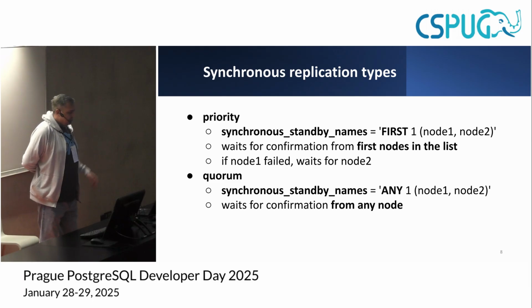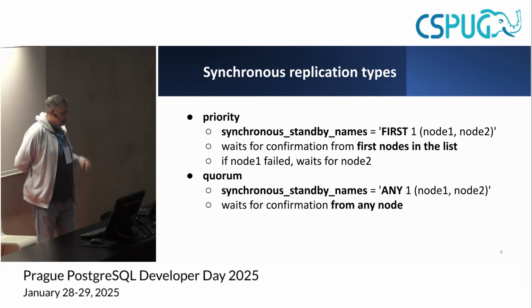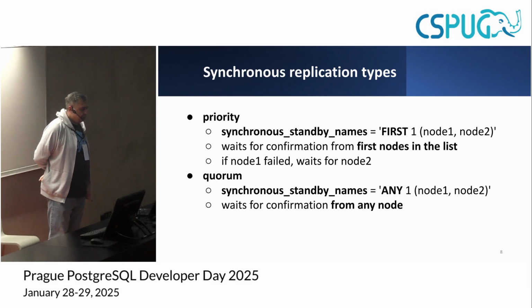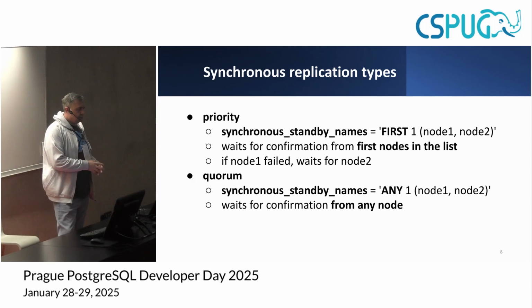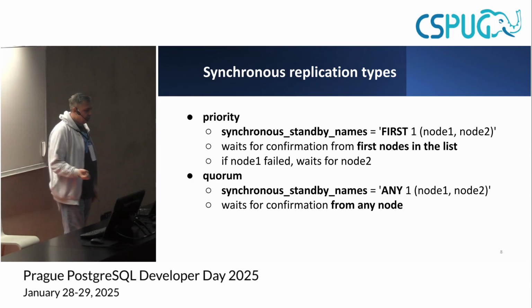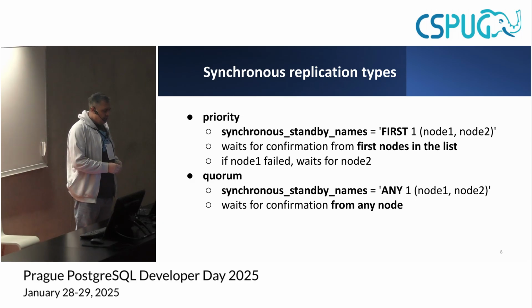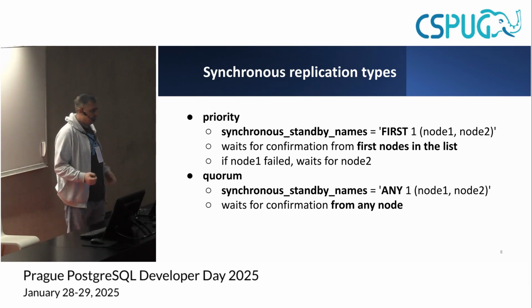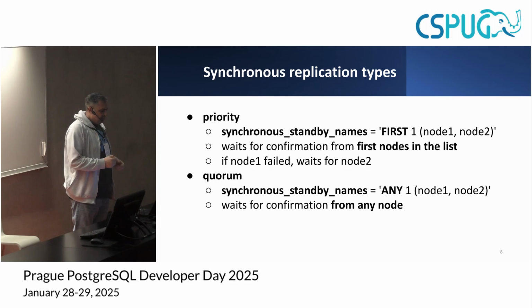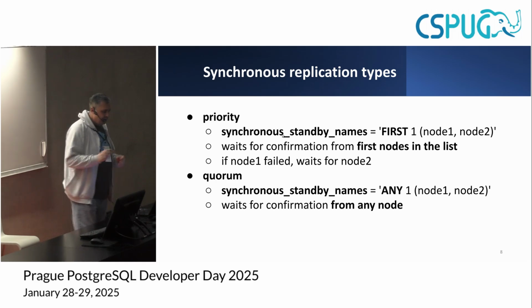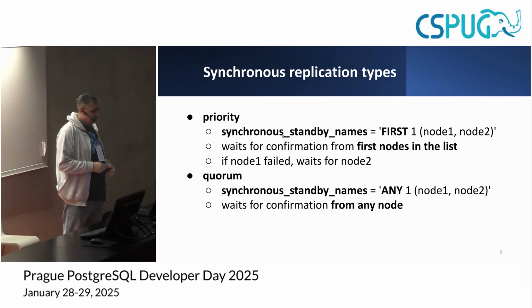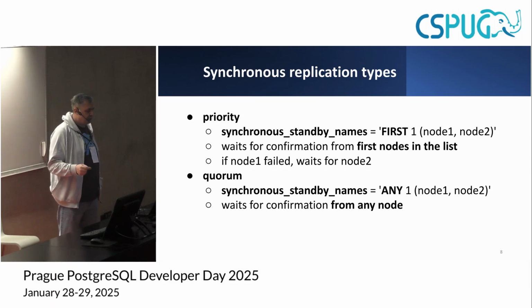And the second parameter is synchronous_standby_names, which allows us to define the type of synchronous replication. At this moment, there are two types. The first is priority synchronous replication, which exists since Postgres 9.1. In fact, in 9.1 this parameter was still called synchronous_standby_name, and it was possible to specify only a single node.